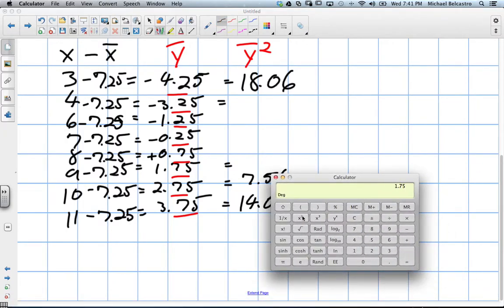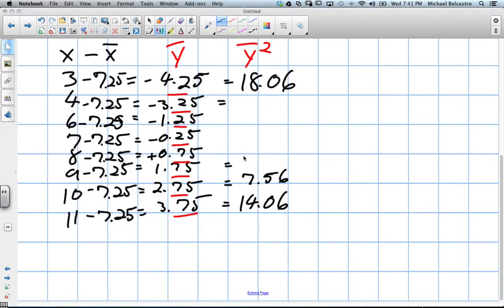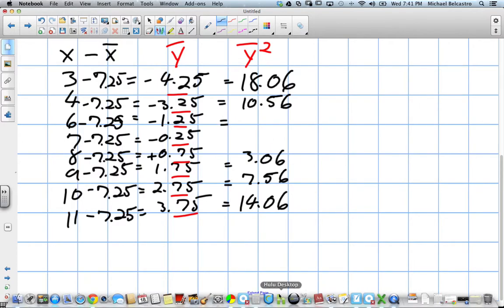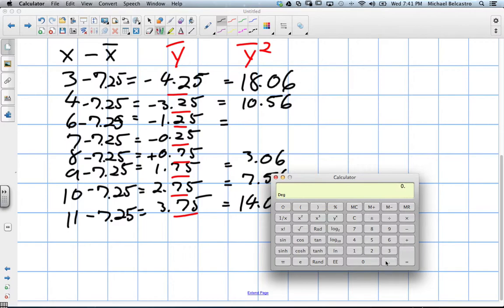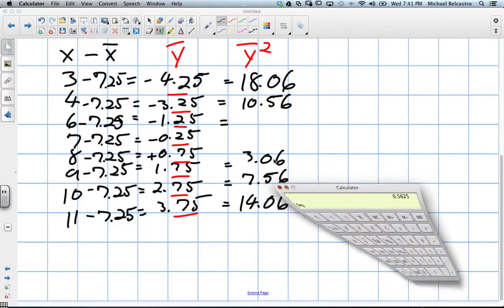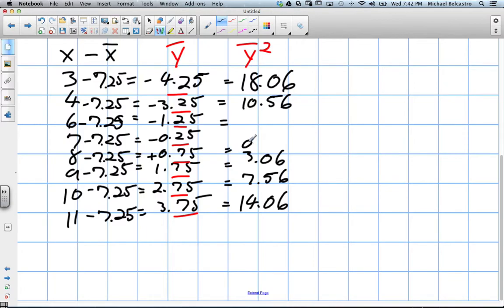Try it again. 10.56. Okay. 1.56. And then what is 0.25 squared?